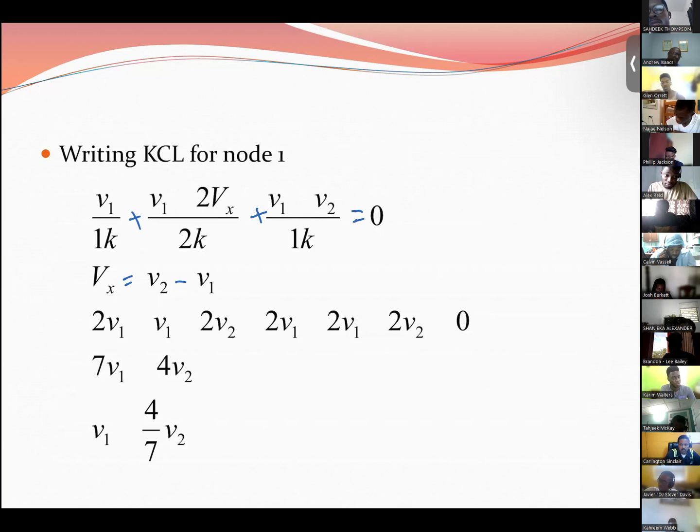And in terms of, we have 2V1 plus, minus, plus, minus. So V1 is equal to 4 over 7 V2.